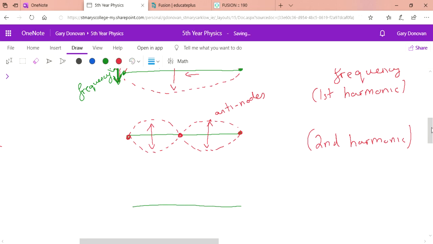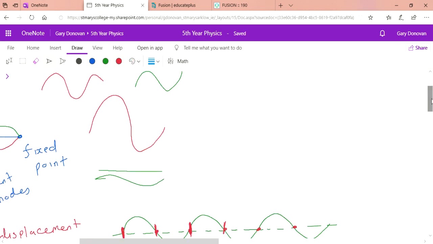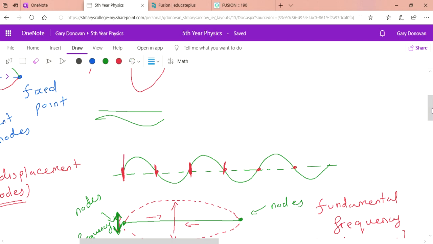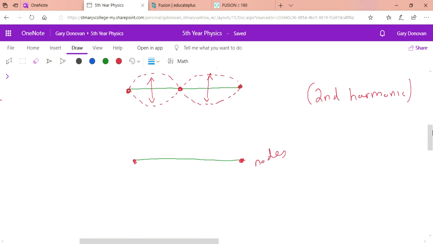Again, we have our string. If our string is a fixed length, there has to be nodes at either end. If we're going to look at the next pattern you could possibly get on the string, it would be from here to here. So we're going to have this shape. We're going to have three kind of antinodes.